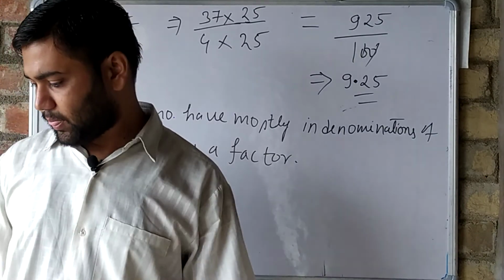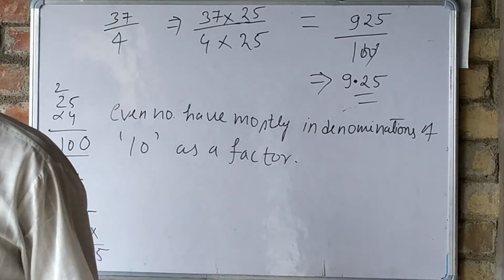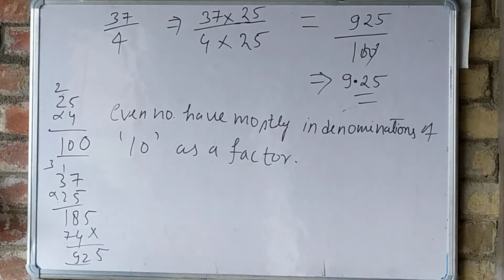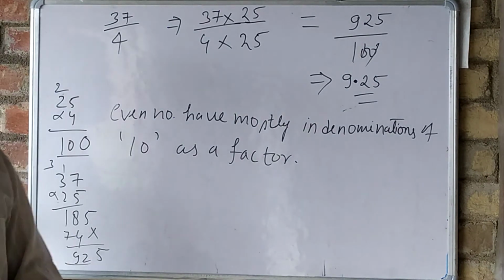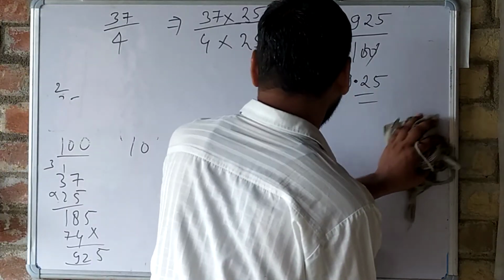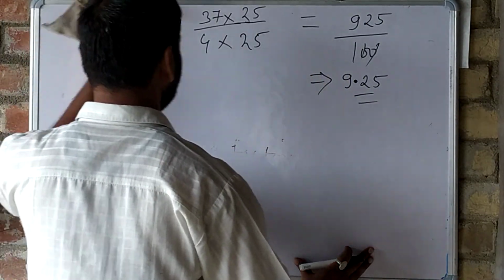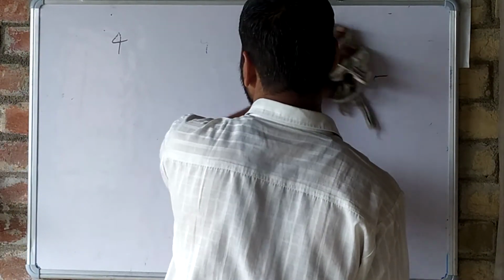So in exercise 7.2 I think I have explained everything. Now what is left is just the arranging of ascending and descending order. That is also very easy.